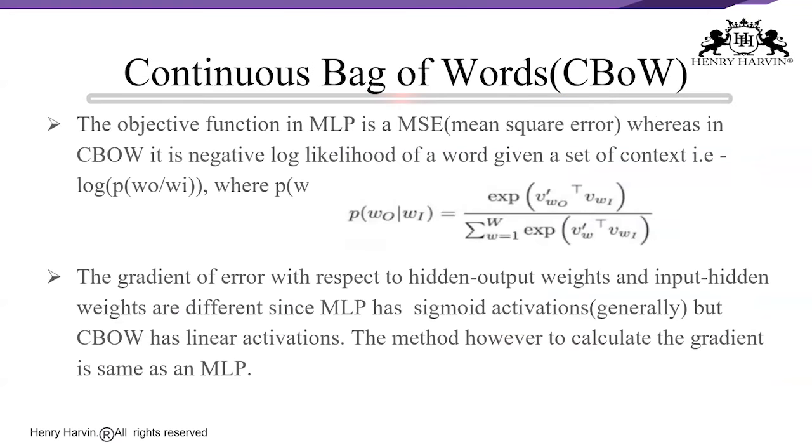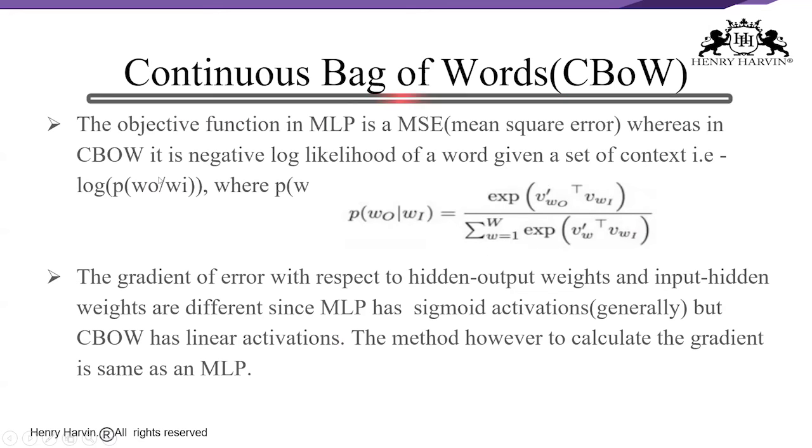Now we will try to understand the difference between MLP and CBOW. In MLP, the objective function is MSE, that is mean square error. But in CBOW, it is the negative log likelihood of a word given a set of context, log P(WO|WI), which is equal to an exponential of this.